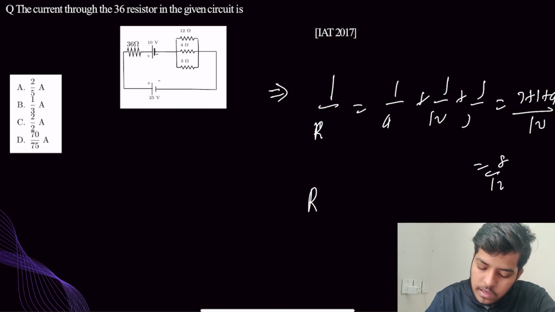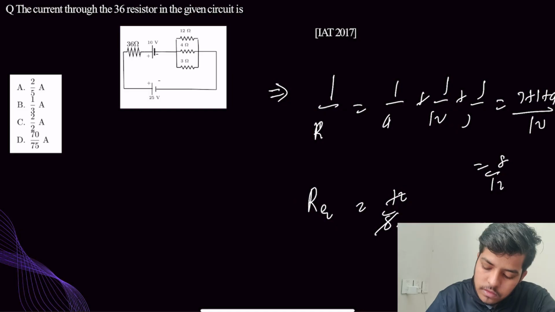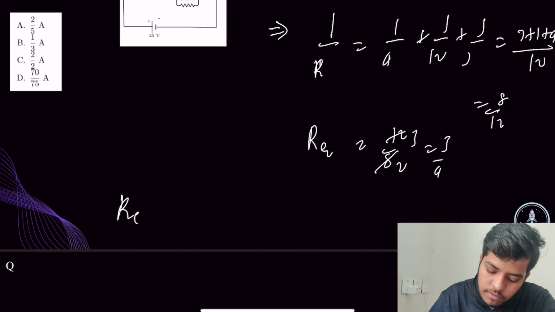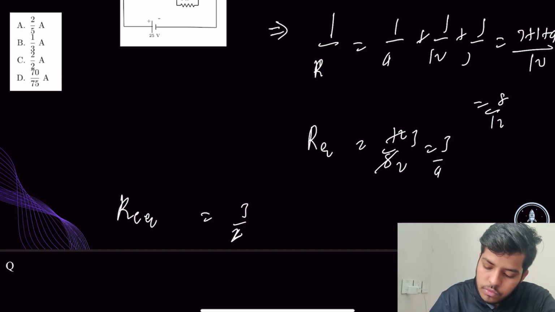So R equivalent will be 12 upon 8, that is 3 by 2, and in series with it 36 ohm is connected. So R complete equivalent will be 3 upon 2 plus 36, 75 by 2.